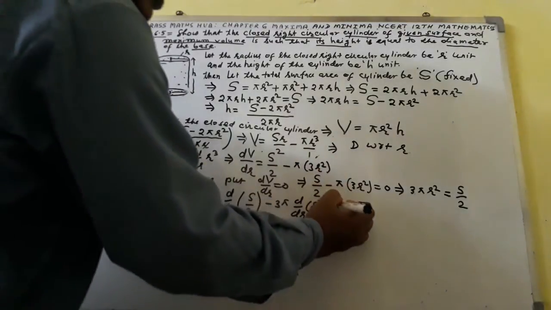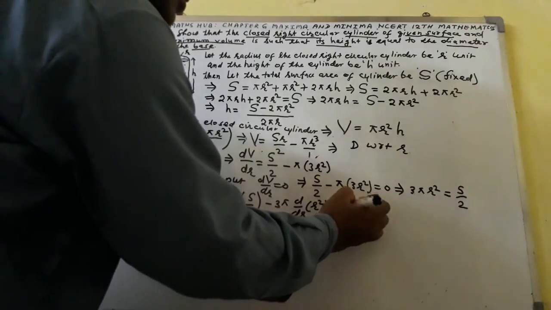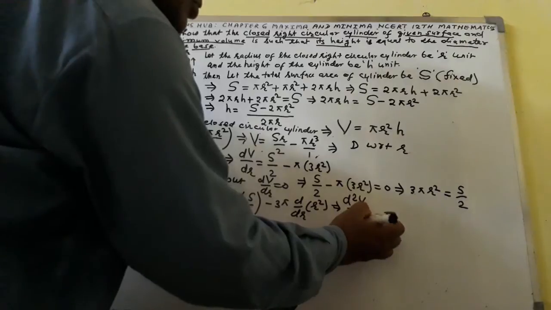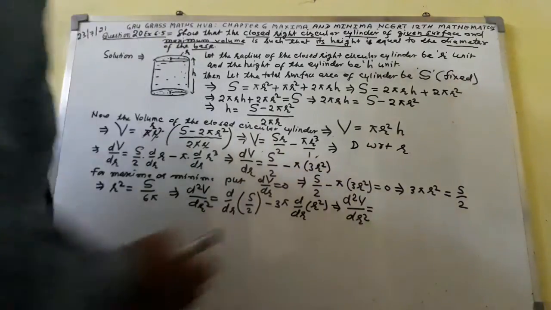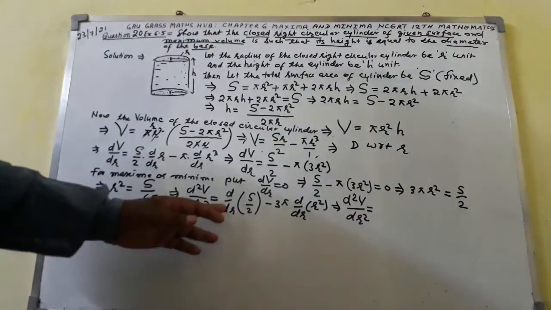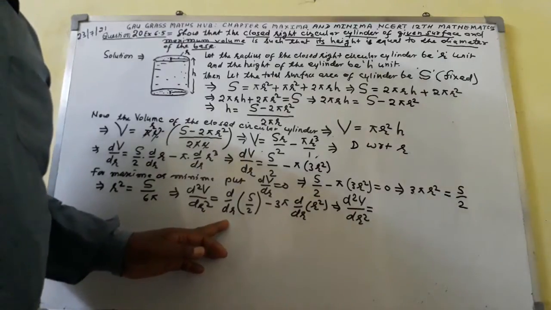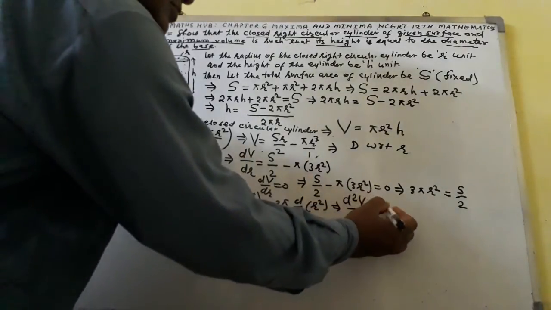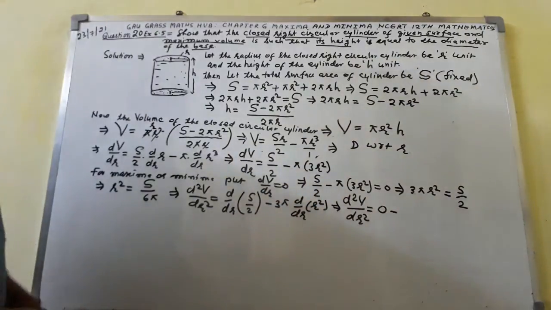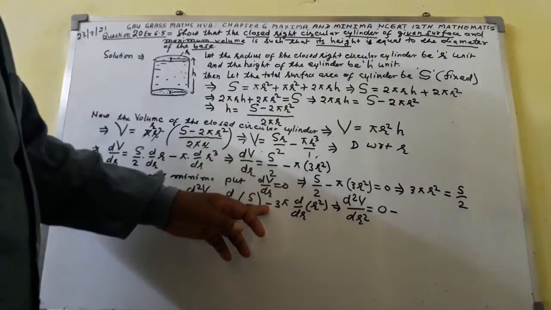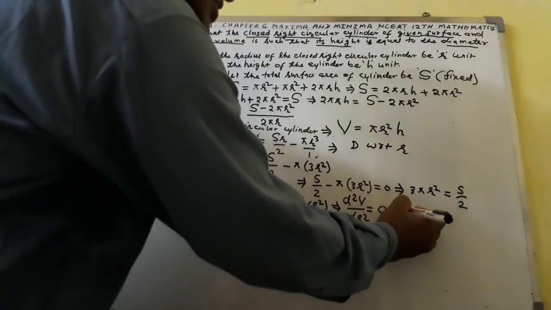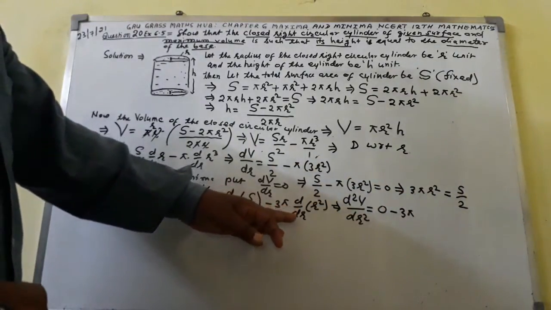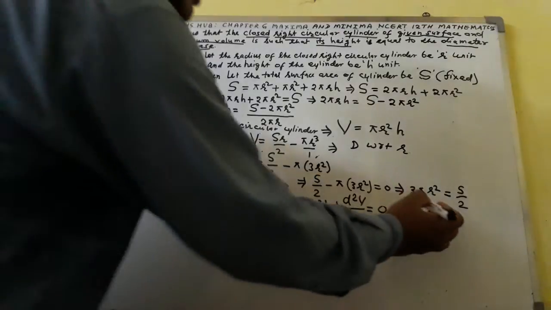What will we get here? d square V over dr square: d over dr of S by 2 comes out to be 0, minus 3 pi, and d over dr of r square comes out to be 2r.